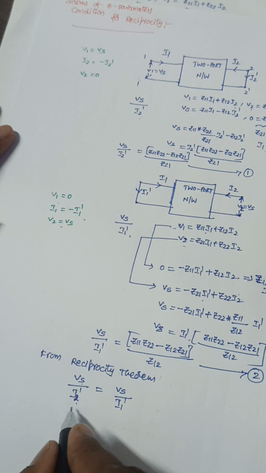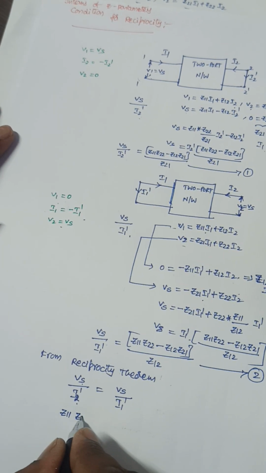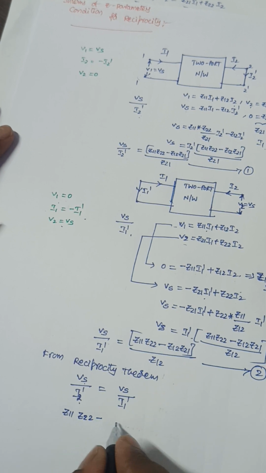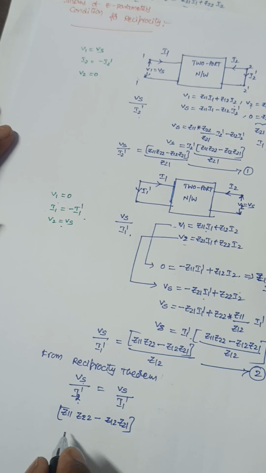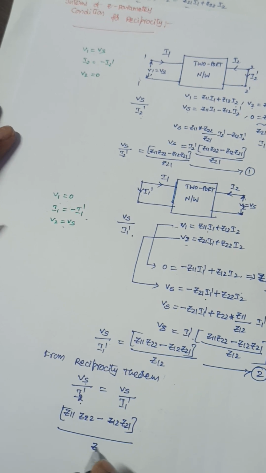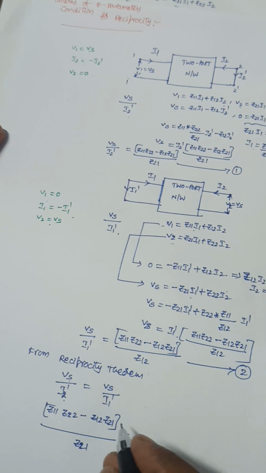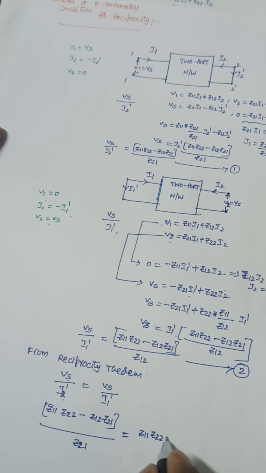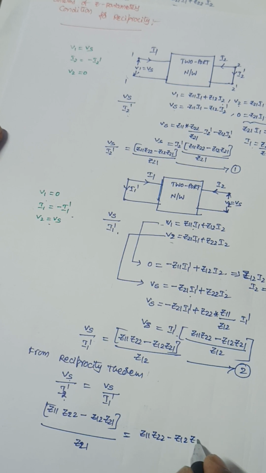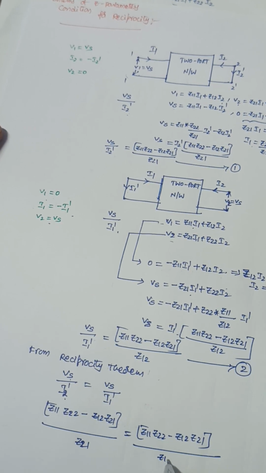So what is this Vs by I2 dash? From this, Z11 Z22 minus Z12 into Z21 divided by this Z21. This Vs by I1 dash from equation 2 is Z11 Z22 minus Z12 into Z21 divided by Z12.